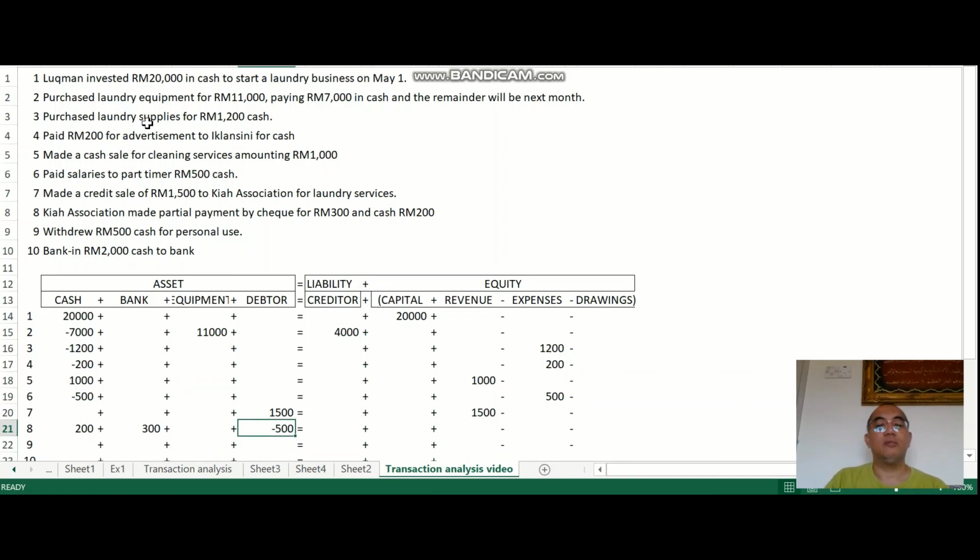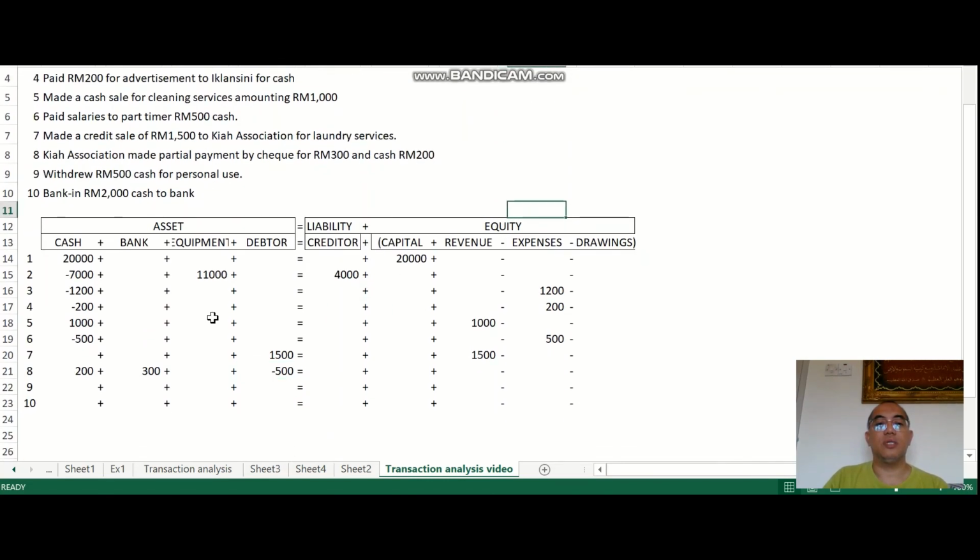Okay, what about, okay, number 9, we drew 500 cash. So this is drawings. Okay, so I put under drawings. Drawings is 500. And then Lukman took out cash.